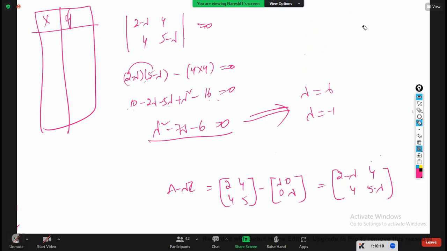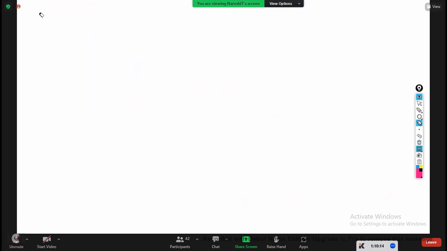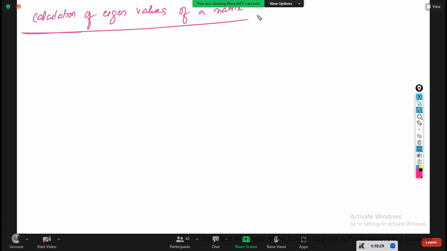Now, how to calculate the eigenvalues of a matrix? In your notes, please write: calculation of eigenvalues of a matrix.